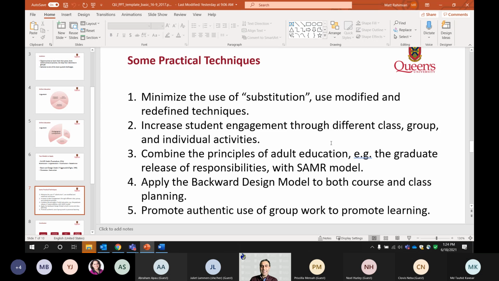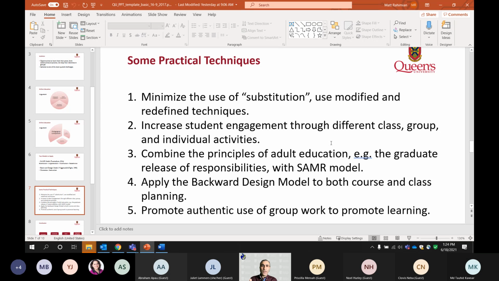Here are some practical techniques, and we have to look at them from an engagement perspective. Number one is minimizing the use of substitution, rather using modification and redefinition techniques more.